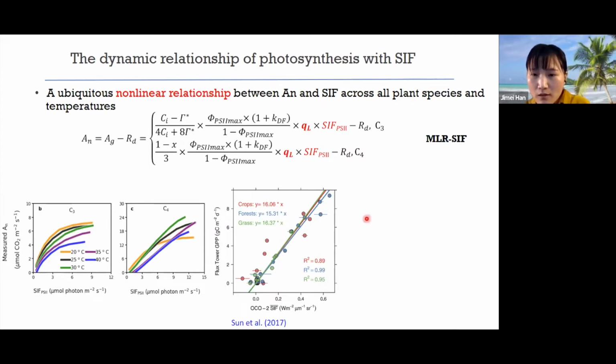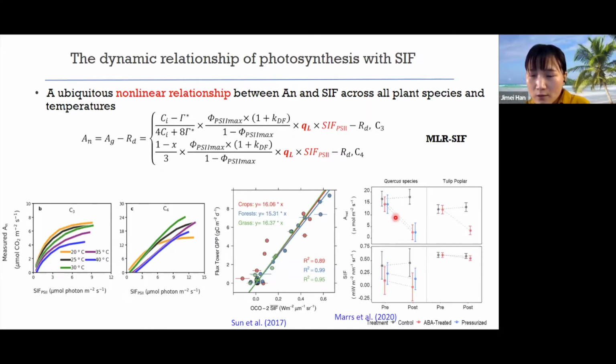For example, recent studies find a decoupling between SIF and photosynthesis when artificially closing the stomatal conductance by adding the abscisic acid hormone. The closed stomatal conductance will decrease the intercellular CO2 concentration and then decrease the photosynthesis.